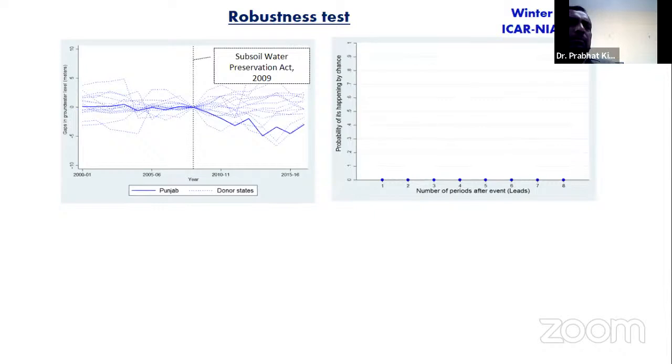For that, we are doing some tests also, like here I just put before and after the treatment, whether this happened by chance or not. We have estimated the probability of its happening by chance, and that came to be 0.